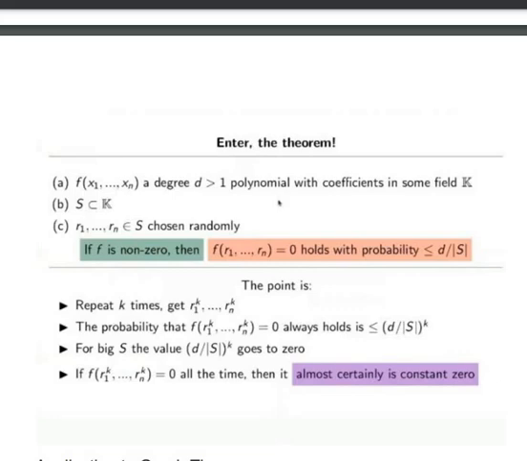Here we welcome back the previous question. How can we actually check whether the polynomials are the same, or whether the polynomial is zero? Well, just repeat the whole process k times.